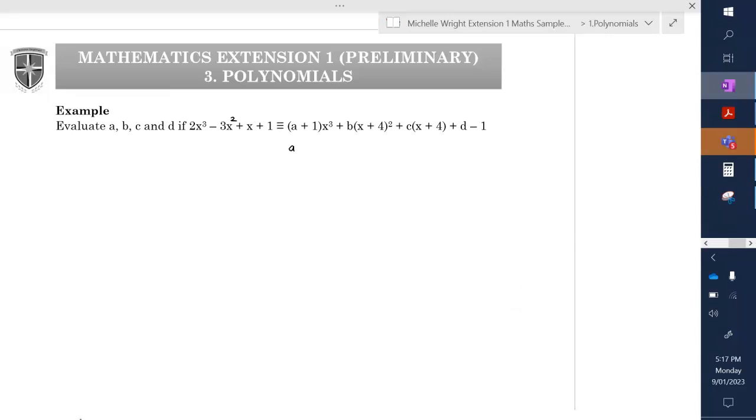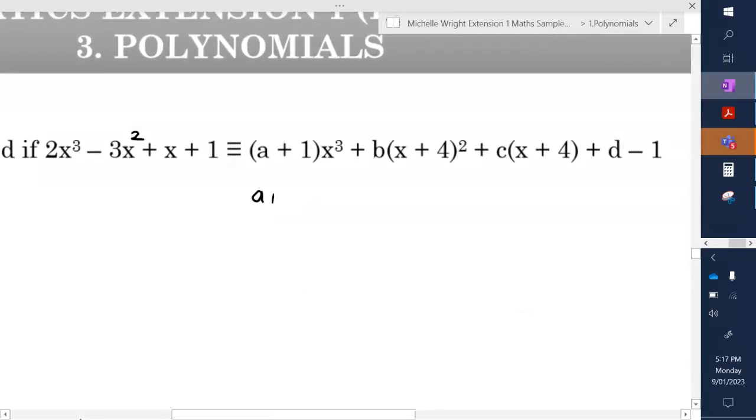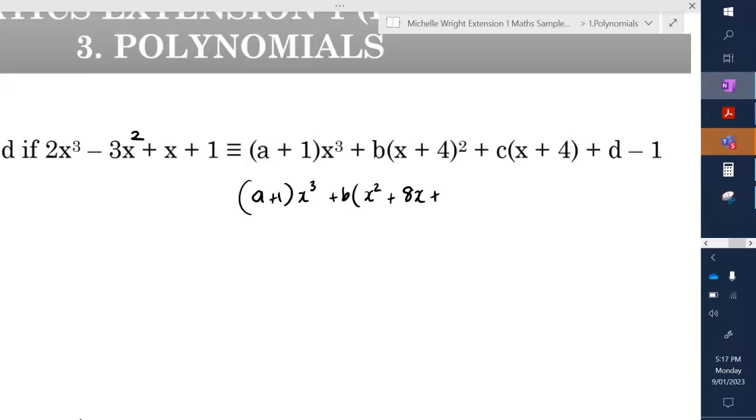So I've still got my a plus 1 x cubed. But what I'm going to do is I'm going to open the brackets here. It's going to be b times square the first plus 2 times the first times the second gives me 8x plus 16, plus c, x plus 4, plus d minus 1.